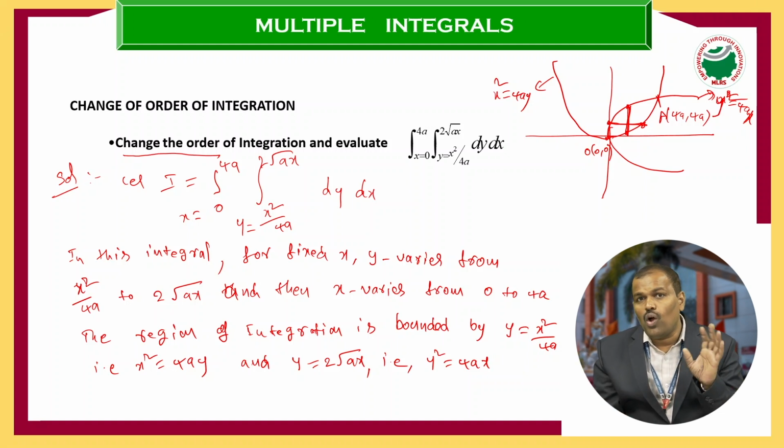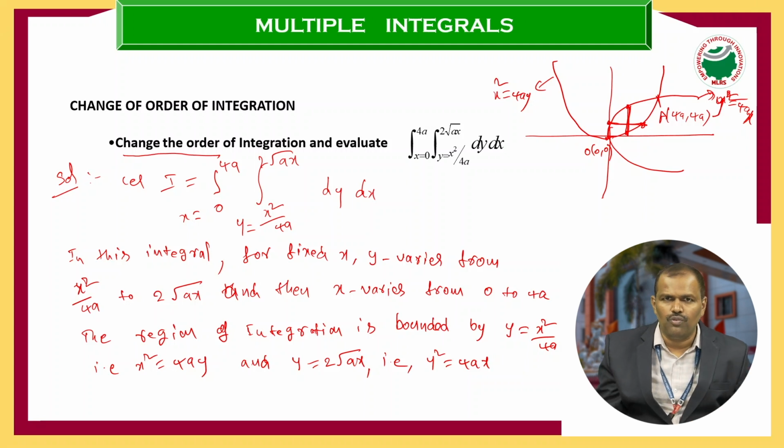So after changing, what are the new limits? First we have to find. From this horizontal strip, what are the limits of x and the limits of y? One edge is on this parabola, another edge is on this parabola. One edge is on the parabola y square is equal to 4ax.